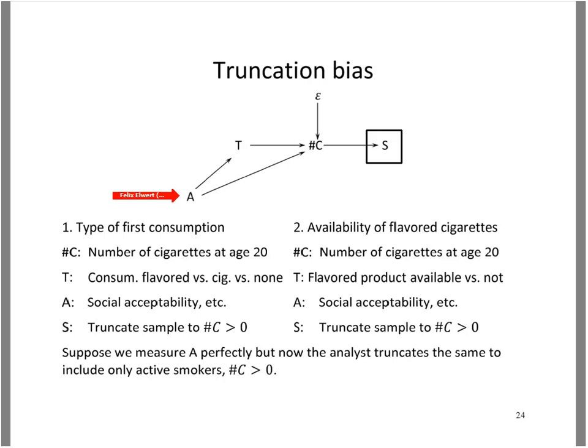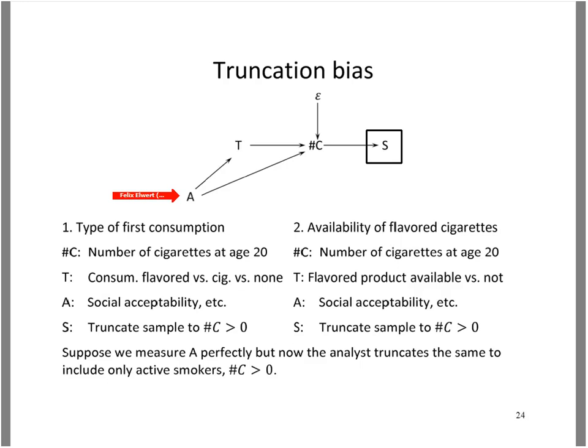So you can condition on A and hence get rid of the non-causal path from T to the number of cigarettes C. But now an analyst might get the idea that we're really only interested in the effect of flavored products on the extent of smoking at age 20 among young adults who smoke.